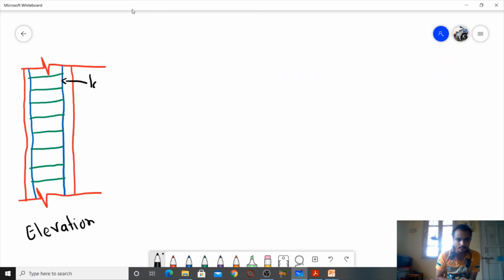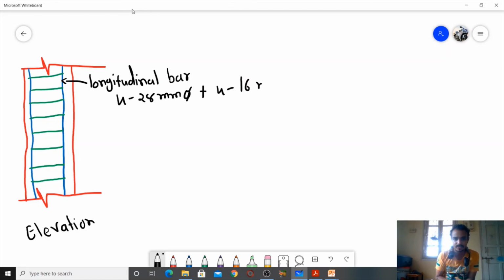Here is a longitudinal bar, which is 4 bars of 28 dia plus 4 bars of 16 dia. And here are lateral ties.